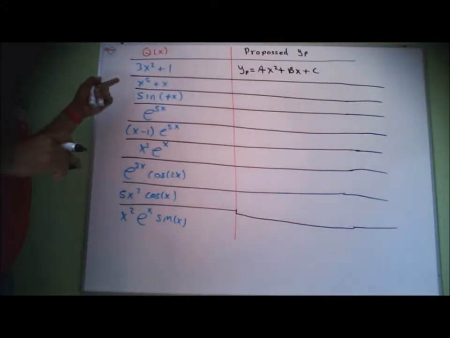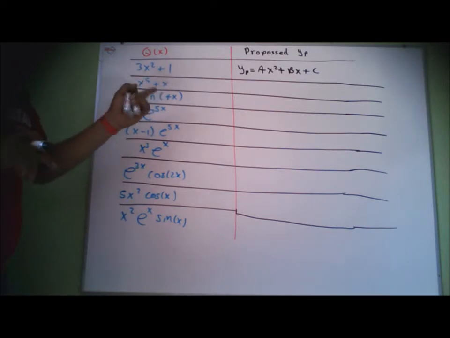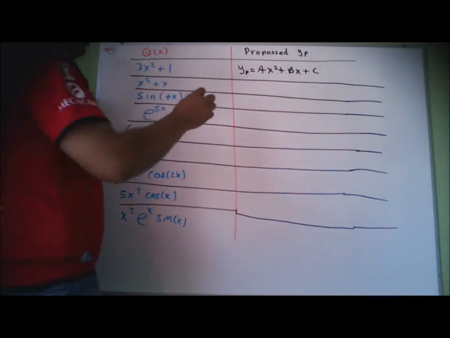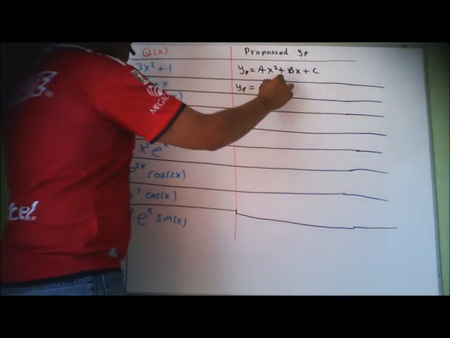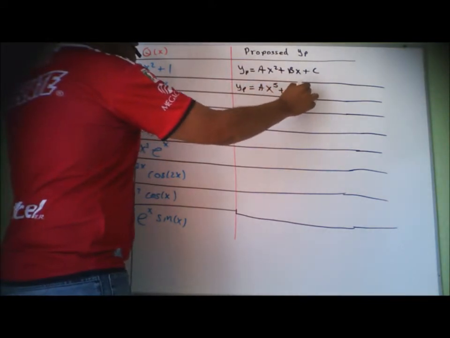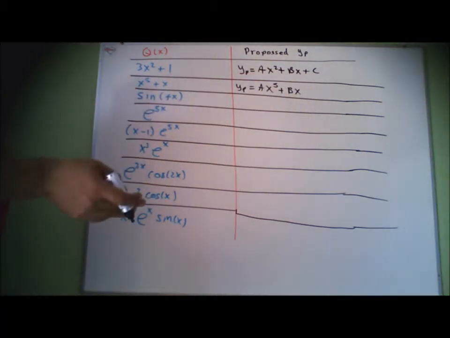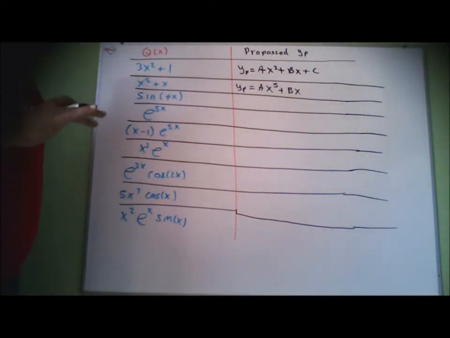Now, for example, this is x to the power of 5, and you don't have x to the power of 4, x to the power of 3, x squared. You only have x, and that's it. And the students usually make the particular solution as only Ax to the power of 5 plus Bx, and that's it. Well, that is incorrect because you have to write the full polynomial.